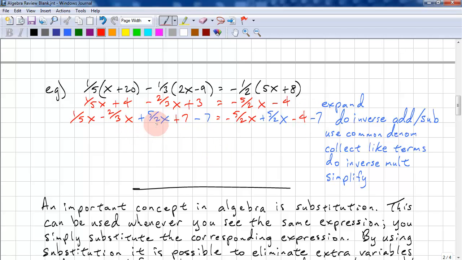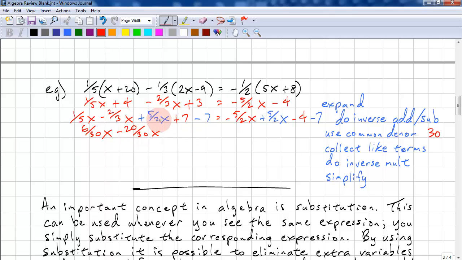So we're looking at a common denominator between 5, 3, and 2, and that would be 30. We have to multiply this by 6 over 6. So this is 6 over 30. We have to multiply this by 10 over 10. So that's minus 20 over 30.